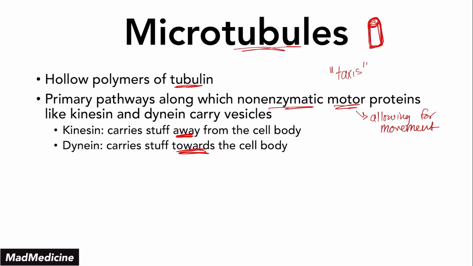So essentially, their name is what lets us know which way a vesicle is going. Is it going away from the cell body, meaning towards the membrane? Or is it coming towards the cell body, meaning it's going away from the membrane, but towards the cell?